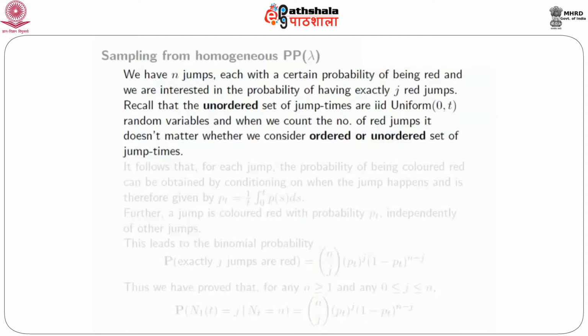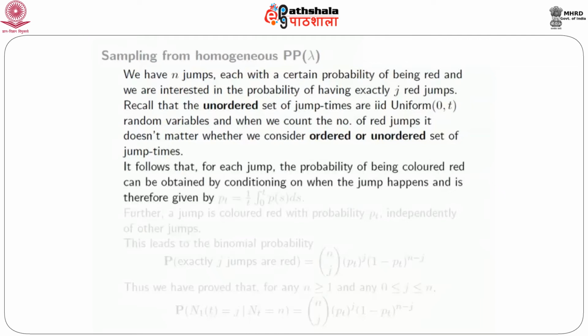Now recall that the unordered set of jump times of the N tilde process are IID uniform 0 to t random variables. When we count the number of red jumps, it doesn't matter whether we consider the ordered or unordered set of jump times.